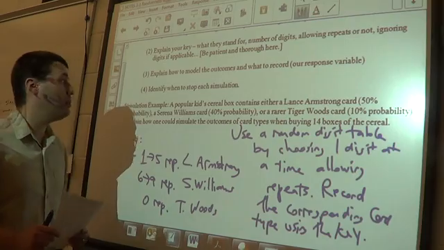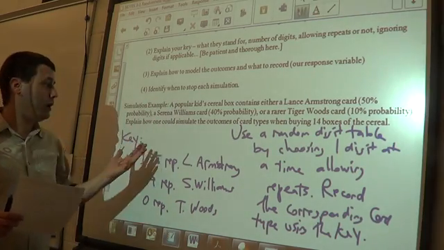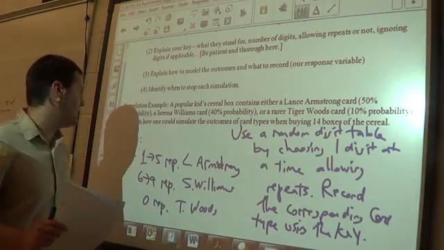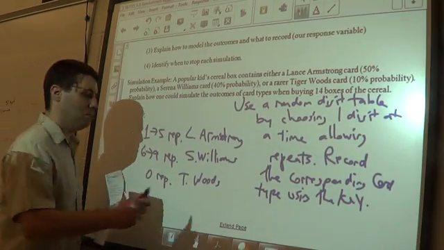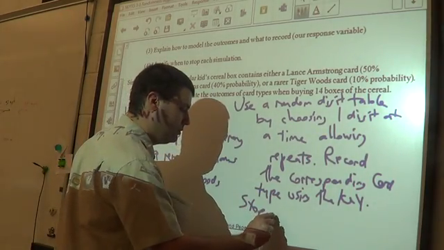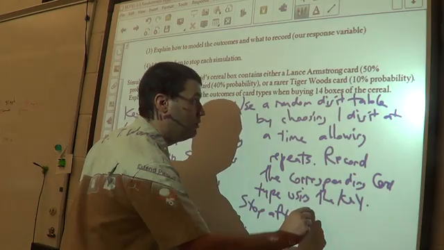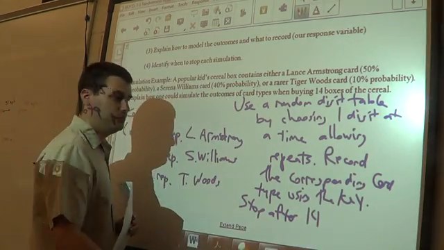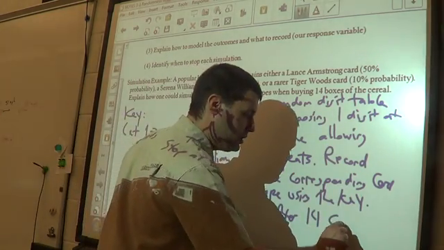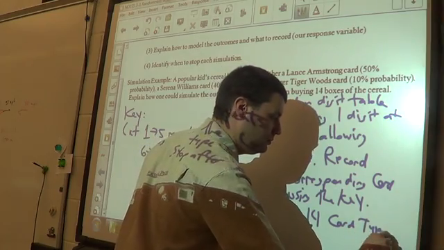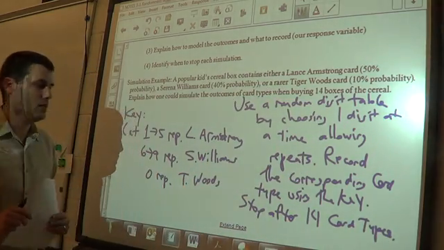Finally, I have to have a stopping rule. When are we going to stop? According to this, one simulation stops after 14 boxes. So stop after 14. Call them card types.